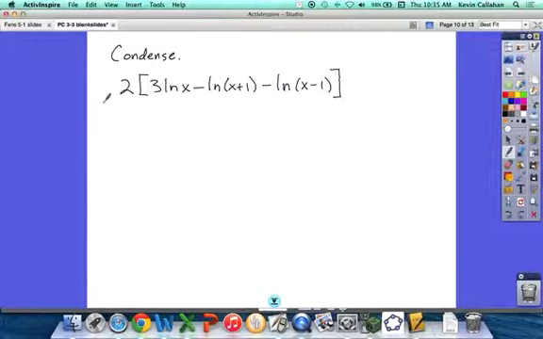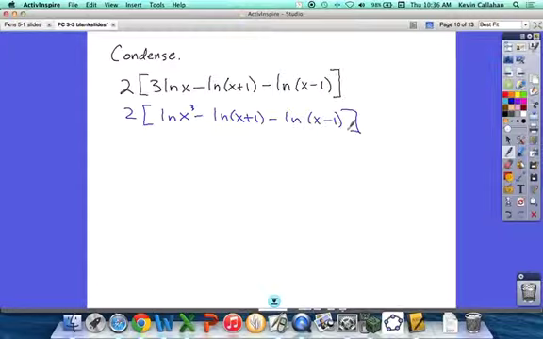Now, am I ready to combine these into one logarithm? What should I do first? This 3 right here, we need to get that inside the logarithm before we condense, right? So this will be 2 times ln of x to the third minus ln of x plus 1 minus ln of x minus 1.